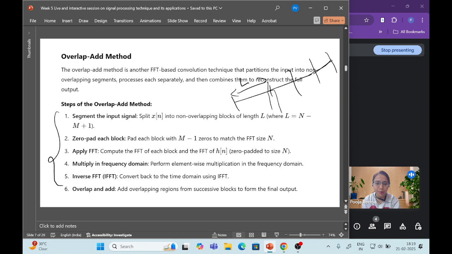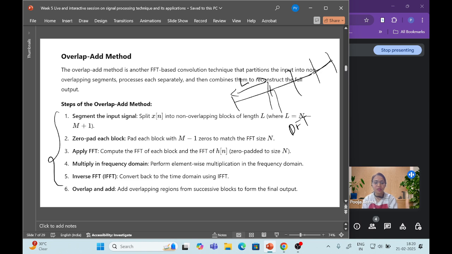Then multiply in the frequency domain, take the inverse transform, then overlap each region and add the successive blocks.